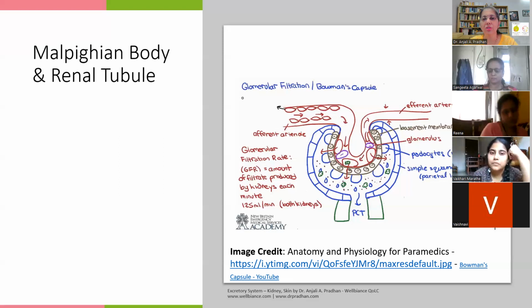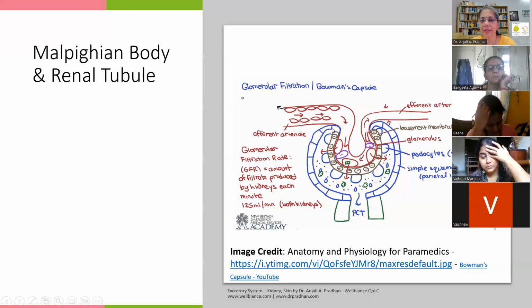So this arteriole enters into this Bowman's capsule. This is called the afferent arteriole. Correct? The one that enters is afferent, the one that goes out is efferent. You must have seen afferent nerve and efferent nerve in the spinal cord. So the one that enters is the afferent arteriole.